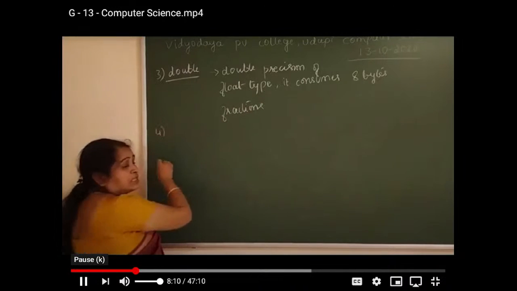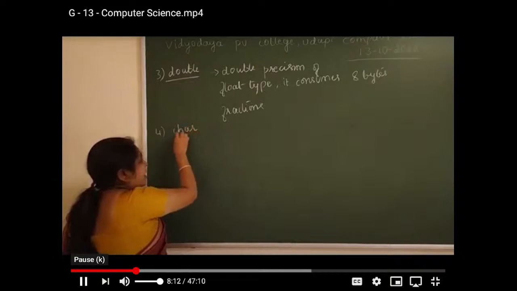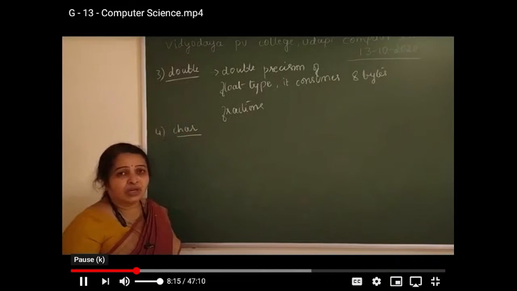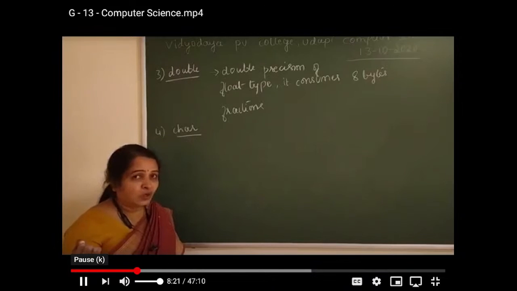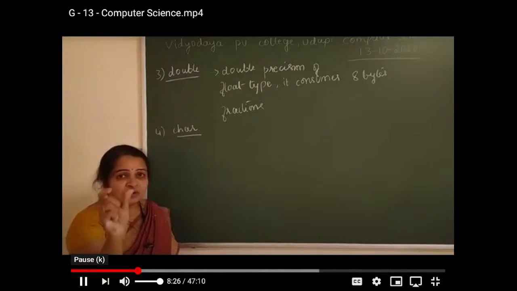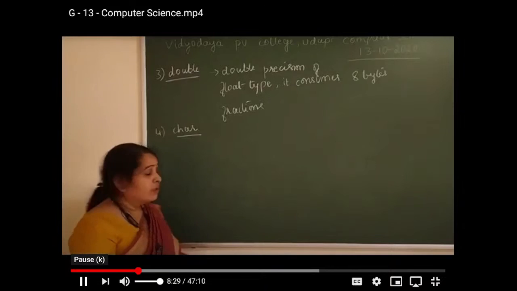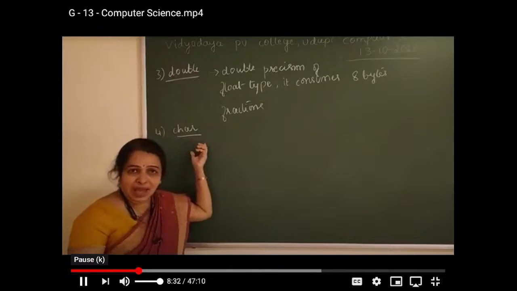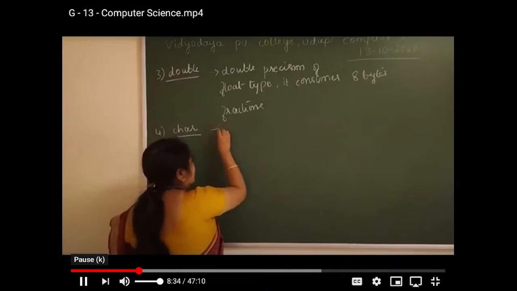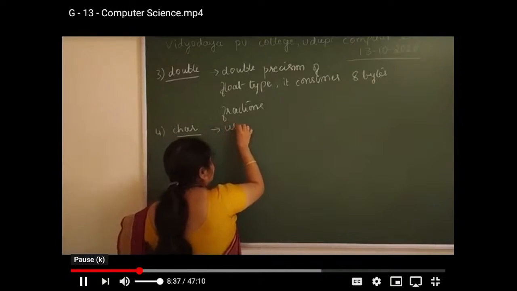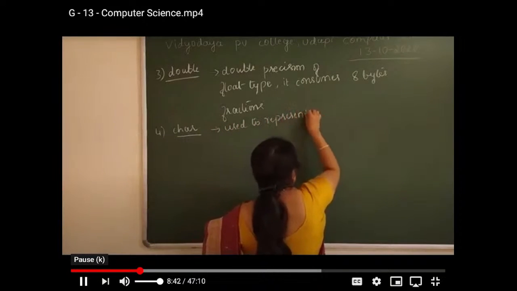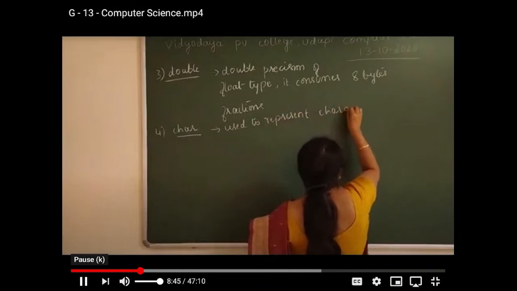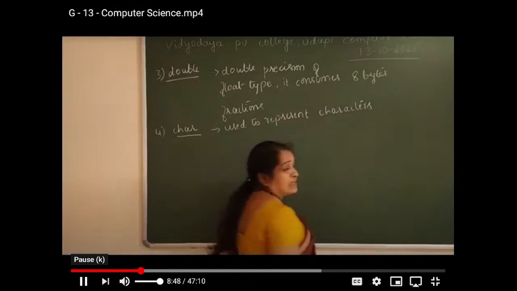Next one is the char, C-H-A-R, char we call it. It is used to represent the characters. If you have to represent any text, alphabets, or group of characters, then we have to use the data type char.